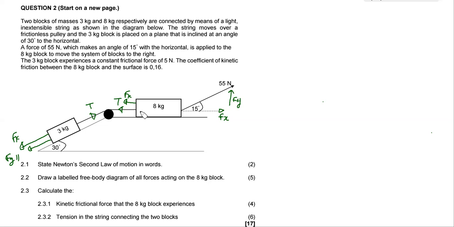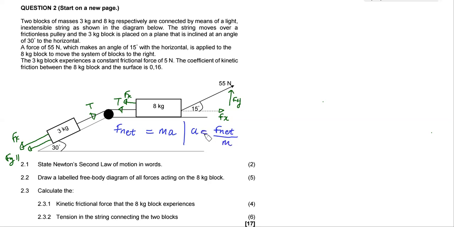But if we are applying a force on something that is heavy, we don't see much acceleration there. So what we are saying is that F net is equal to ma. Acceleration is equal to F net over m.